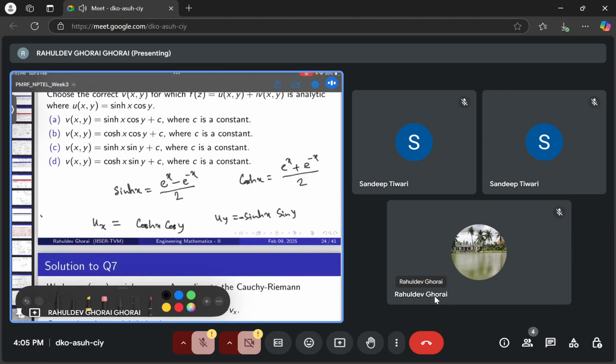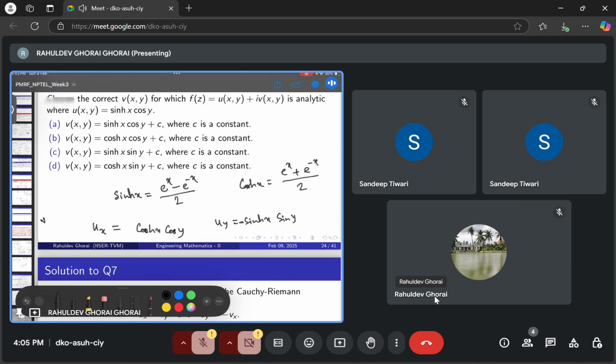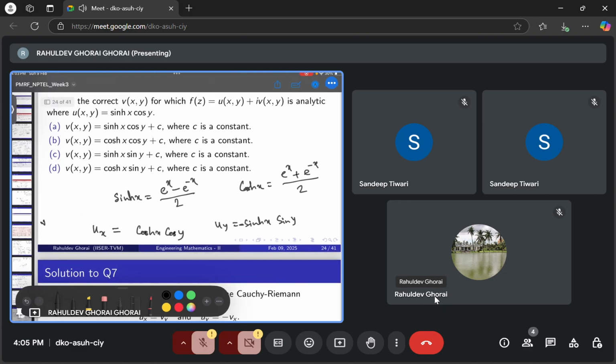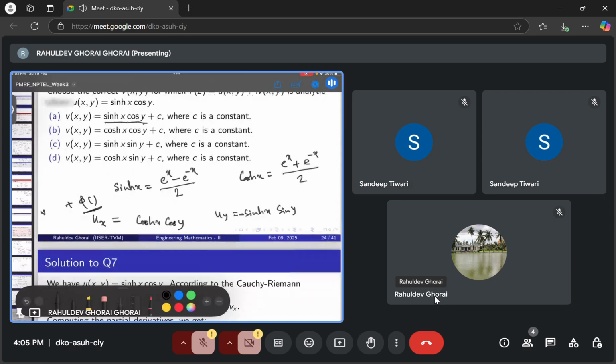Sorry, Vy is equal to cos hyperbolic x cos y. This means V will be sine hyperbolic x cos y, plus some other function. That function will be a constant, because uy is minus of vx, which is also the same, cos hyperbolic x cos y. So the answer will be the first one, right?